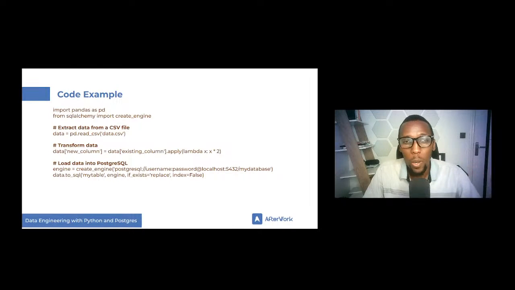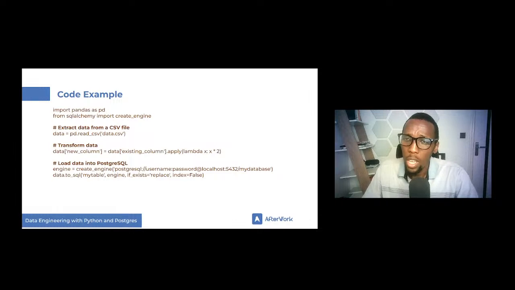This would be just a code example, where you might want to use Python as well as Postgres. Initially at the very top, we import pandas as well as SQLAlchemy. This allows us to interact with the relational database that we would be working with. Postgres is one of the many databases called relational databases, and those databases usually use a language called SQL.